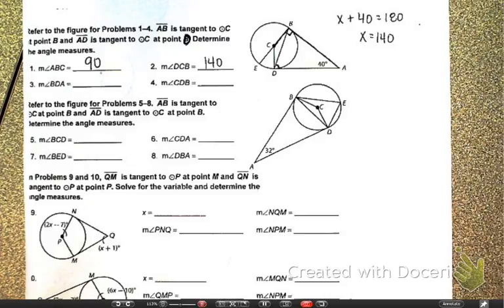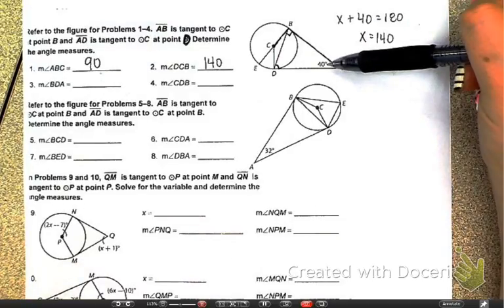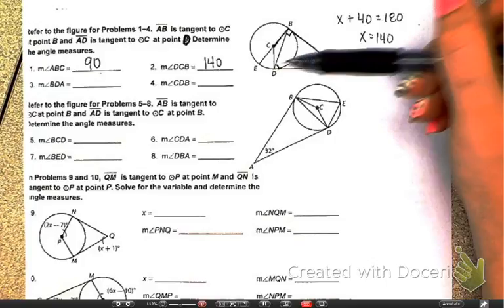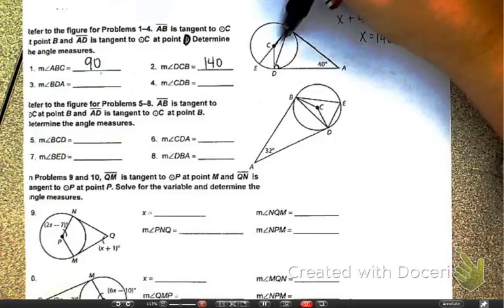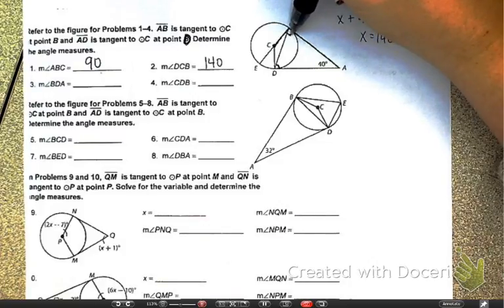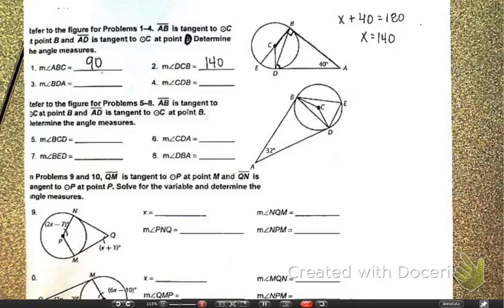Triangles equal 180. Okay, so I know this one's 40. And, well, this one here includes two triangles. So not just this piece is 90. It's like this whole thing here. Should you solve for CDB before solving for BDA?